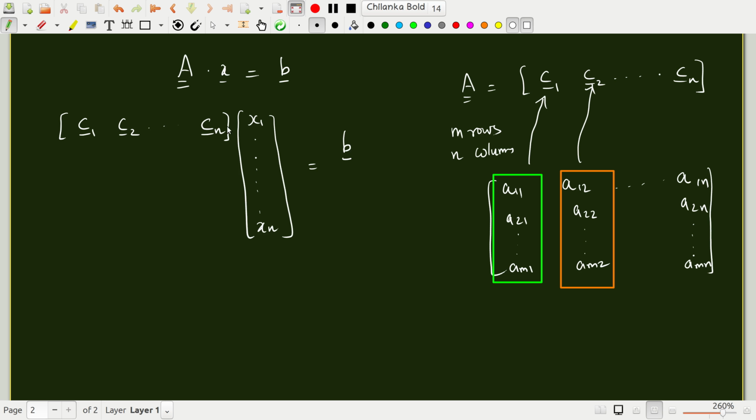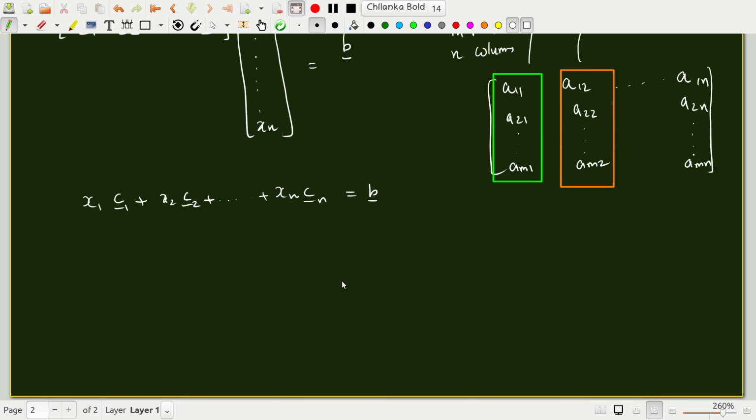If I use elementary principles of multiplication of vectors, I can write this as x1 c1 plus x2 c2 plus so on up to xn cn is b. Or in other words, I can write b as x1 c1 plus x2 c2 plus all the way up to plus xn cn.